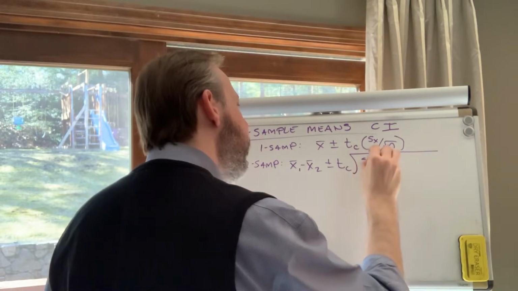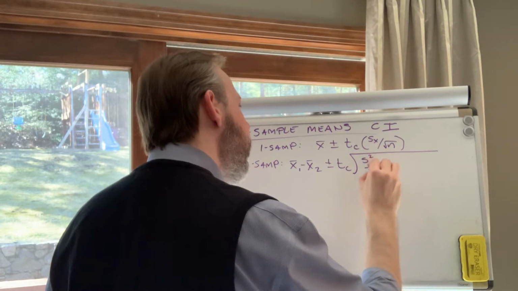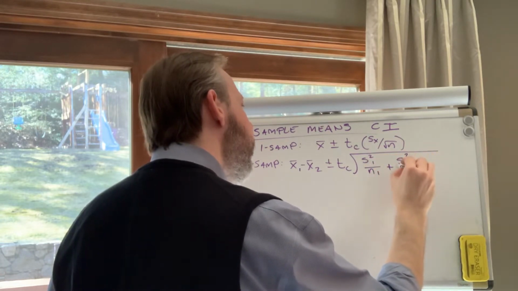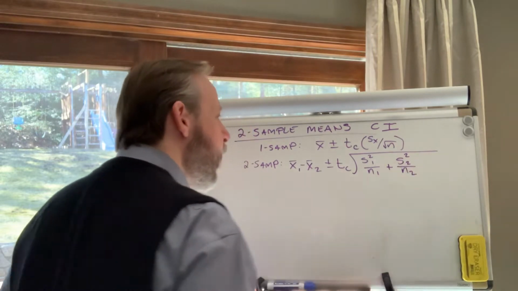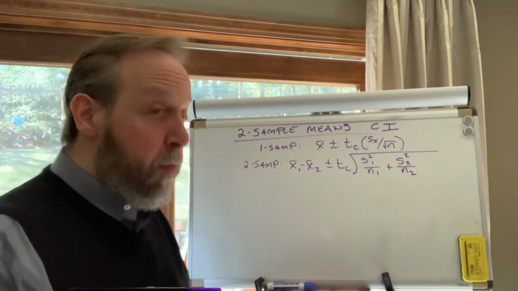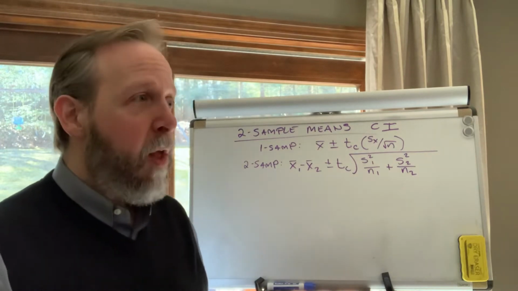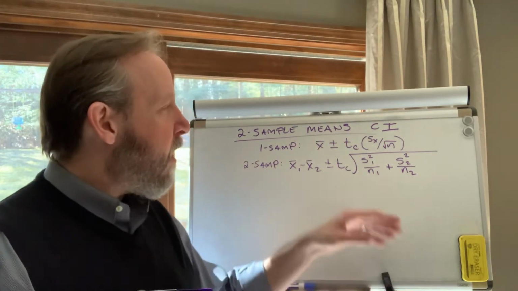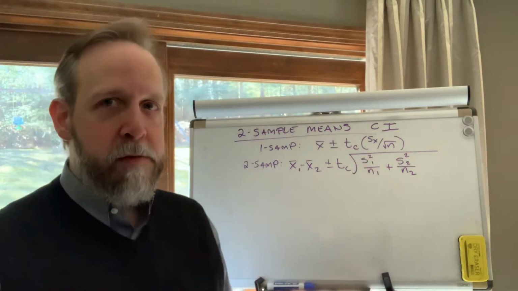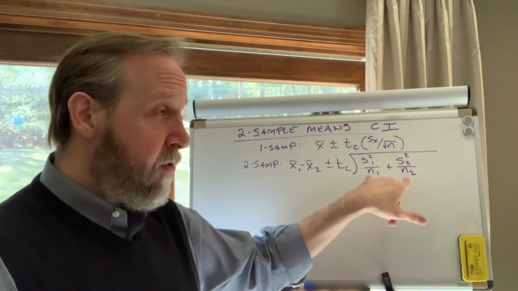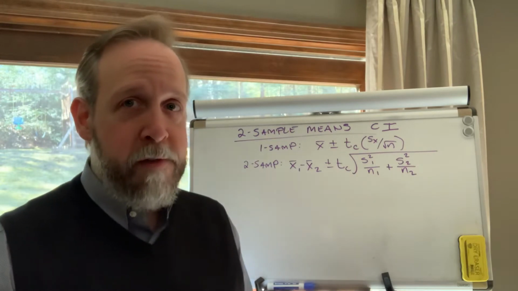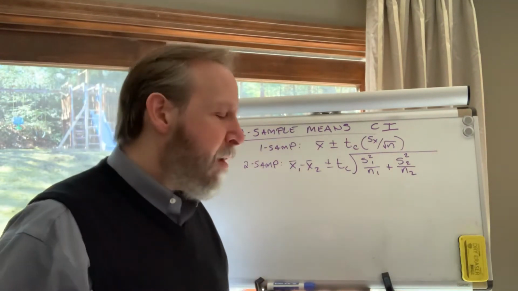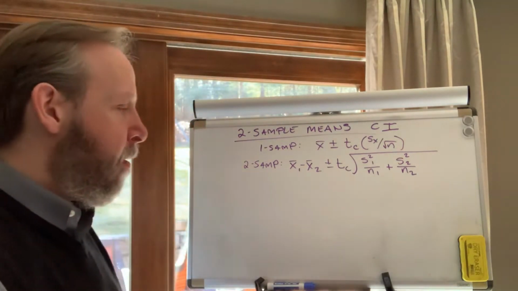It's s squared sub 1 over n sub 1 plus s squared sub 2 over n sub 2 under a square root. As we mentioned in previous units, standard deviations don't add, but variances do. So we're going to add the two variances relative to their sample sizes, and then take the square root of that sum. Okay? There's really no special trick to this except for when it comes to the critical T.